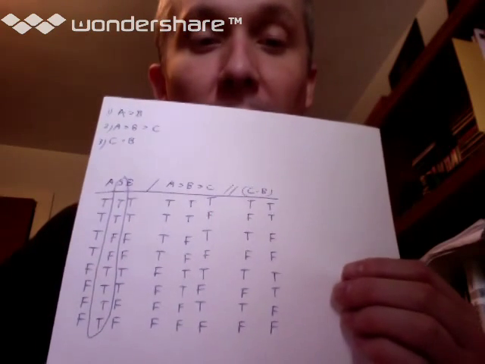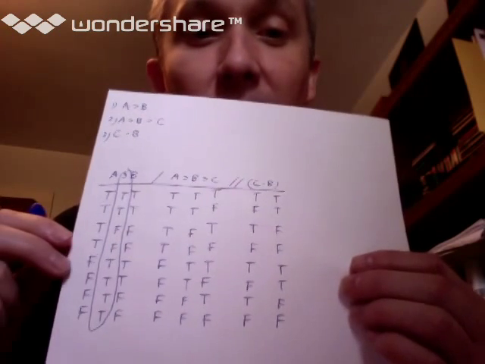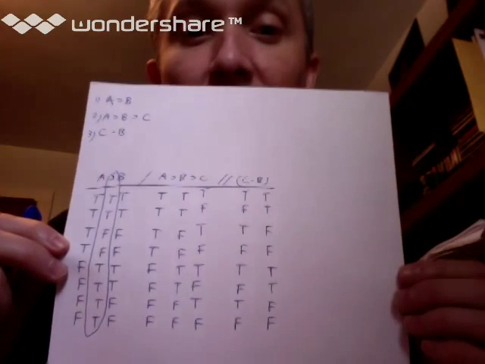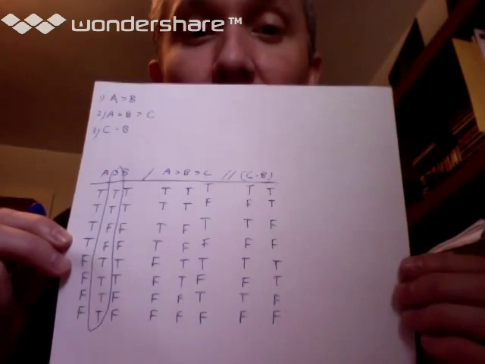Okay. Now I do the same thing with the second premise. So I'm using, again, the if-then rules here to show the truth values.